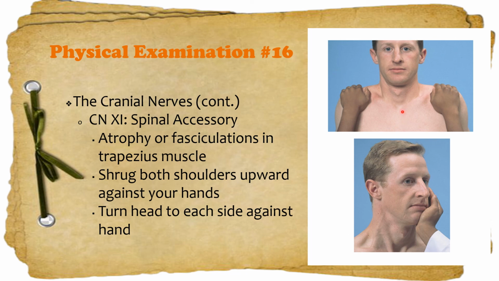You can ask the patient to shrug both shoulders upward against your hands, and then you note the strength and contraction of the trapezius muscle. If there is trapezius weakness with atrophy and fasciculation, this could indicate a peripheral nerve disorder. In trapezius muscle paralysis, the shoulder usually droops and the scapula is displaced downward and laterally.